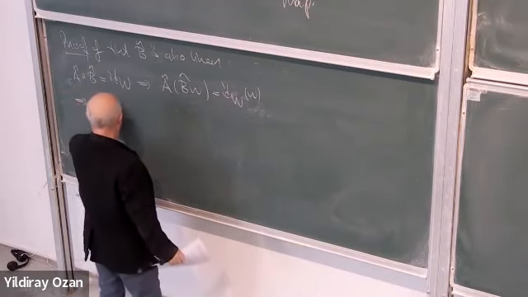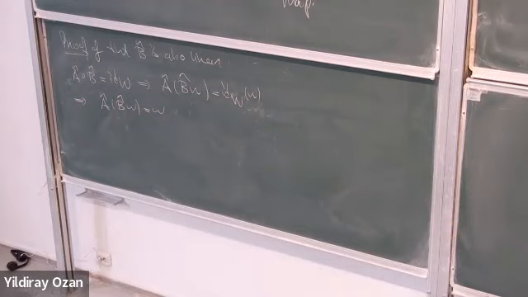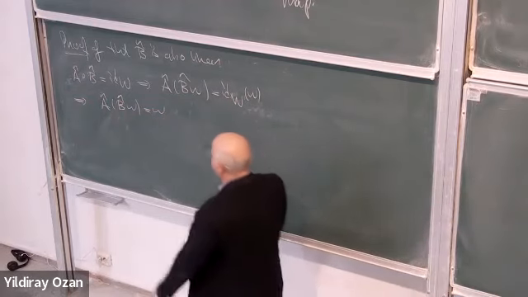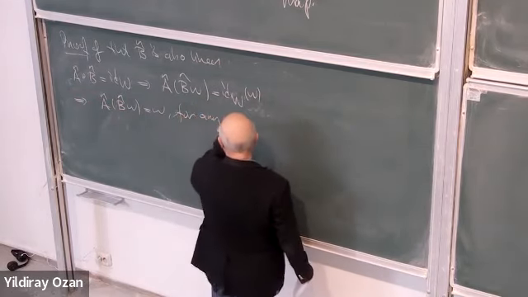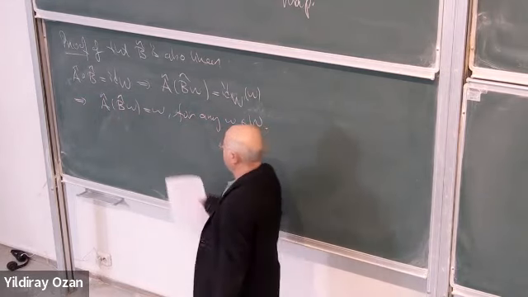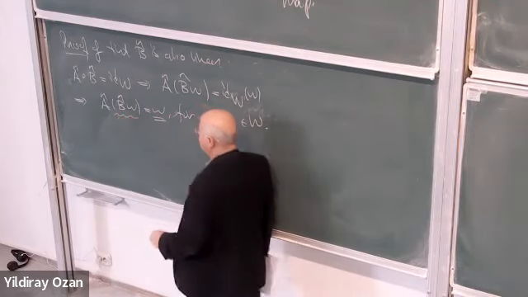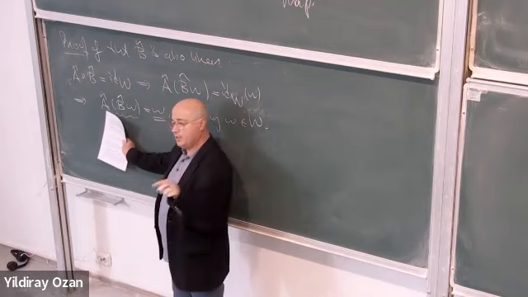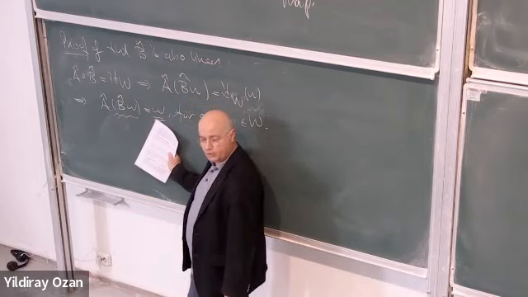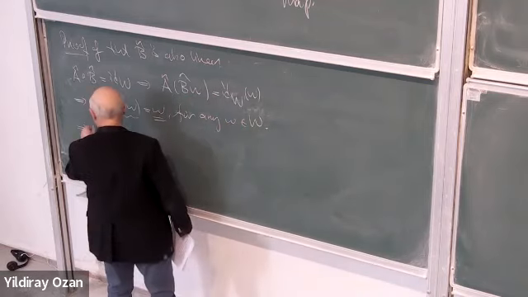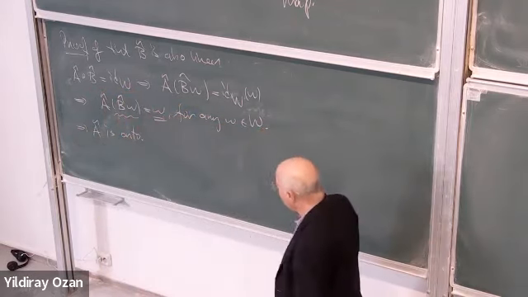So A hat of B hat of w is just w. This means that any w in W is in the image of A hat, right? Inside A hat, you put something and you get w. Therefore, w is in the range. So this means that A hat is onto.